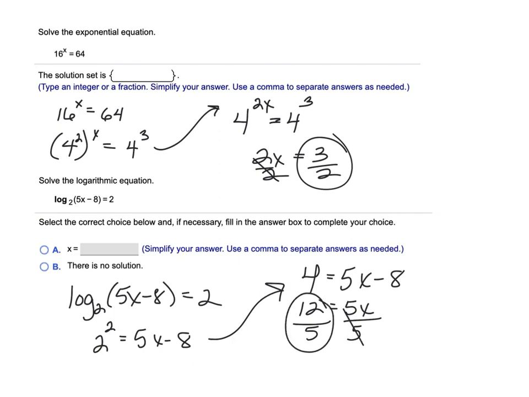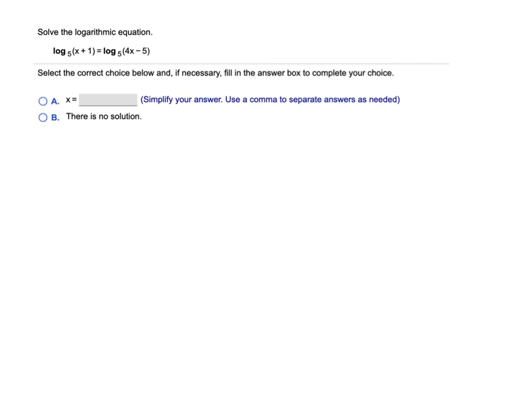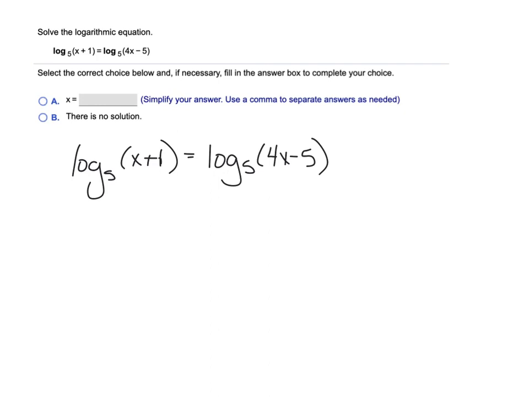All right, here we are with the log equation where we have logs on both sides of the equal sign. For this one, we talked about this before. When you have log equal to log, we've got to get rid of the logs. So you can just drop your logs in this case.